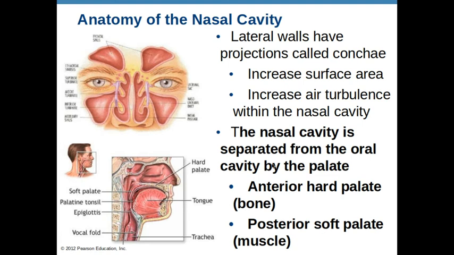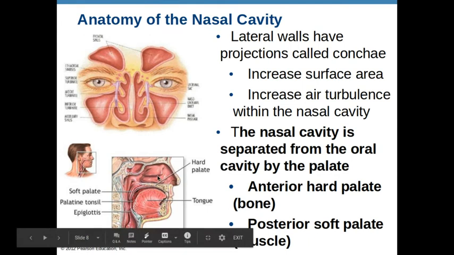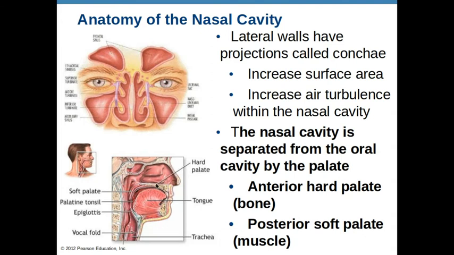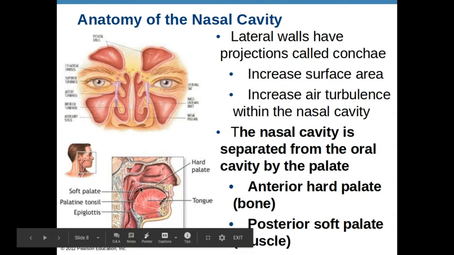I wanted to show you just this nasal cavity right here and the oral cavity separated by this structure here called the palate. You see the bone forming the anterior palate and the cartilage back here, I'm sorry, the muscle forming the posterior palate.